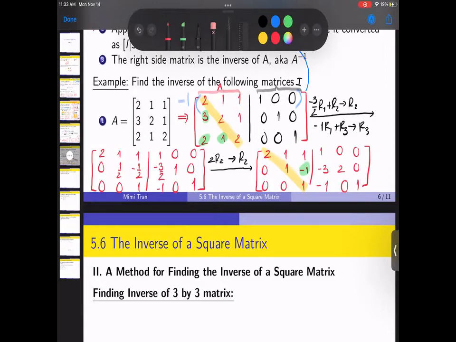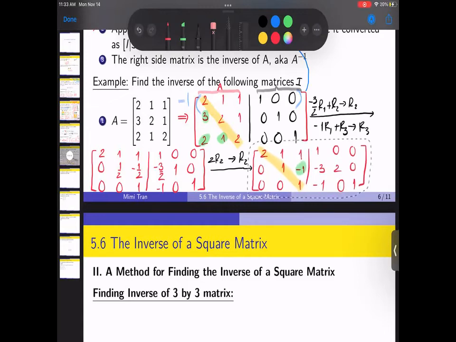Anyone? The third row. Yeah, why? Very good. Third row. Why do we use the third row? Because there are zeros, and we don't want to change the second row, right? We don't want to change that one there. So use the third row.